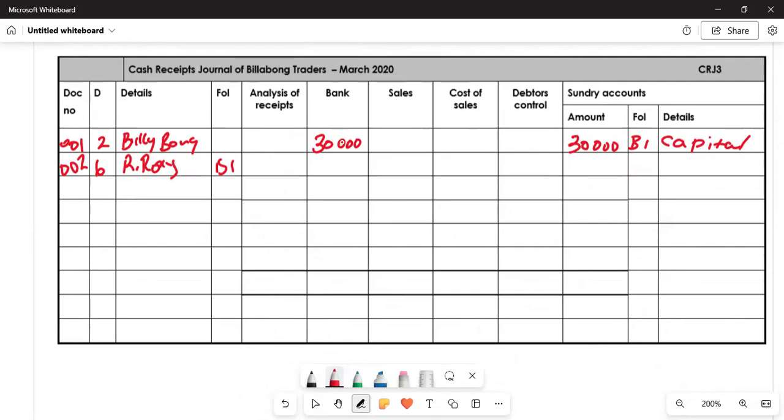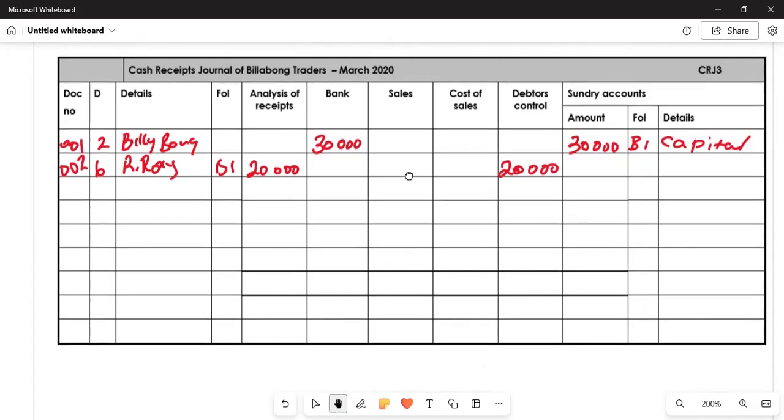How much did we receive? 20,000. Analysis of receipt is 20,000. We write it under debtors' control because we received it from our debtor. That is that. Now we move on to another piece of information.